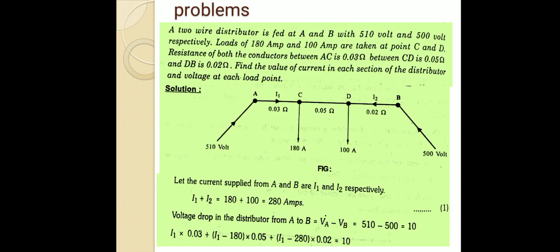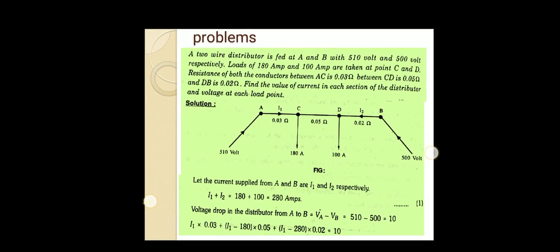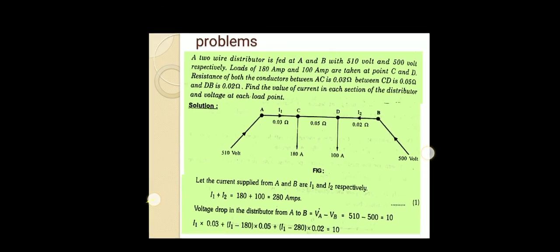The loads are 180 at point C and 100 at point D. The resistance of AC is 0.03, in the CD section 0.05, and between DB it is 0.02. Let the currents supplied from A and B be I1 and I2 respectively, so I1 plus I2 is equal to 180 plus 100, that is 280 amps.